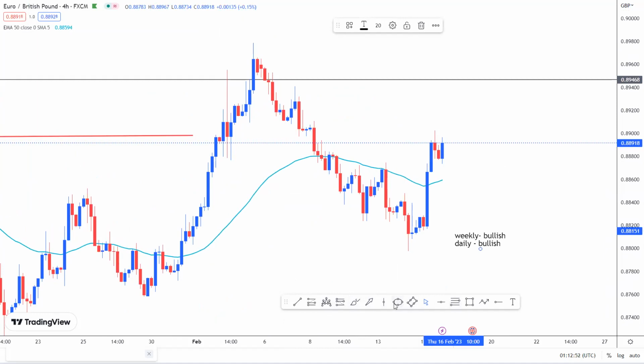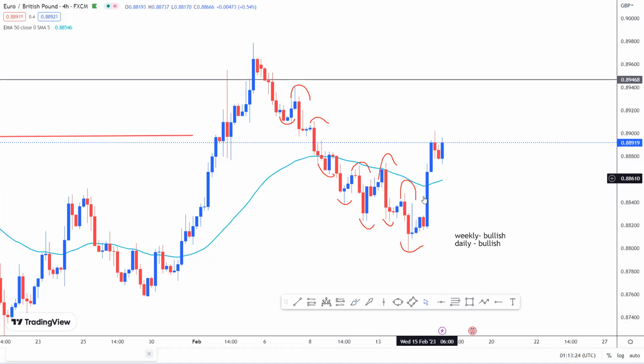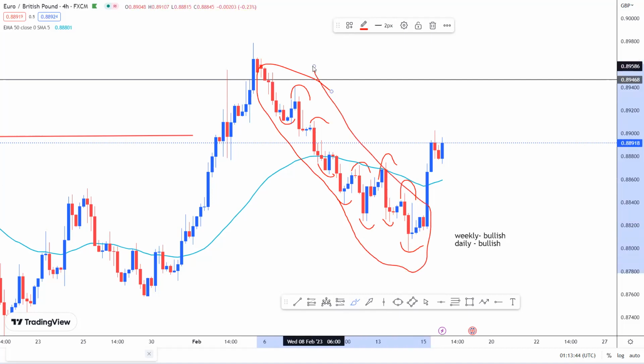As you can see from the 4 hourly time frame, we were printing a series of lower highs and lower lows, lower low, lower high, lower low, lower high, lower low, and then clearly we had this nice bullish momentum candlestick breaking and closing above the previous swing high, the previous lower high, shifting the market structure as seen on the 4 hourly time frame from bearish to a bullish market structure.